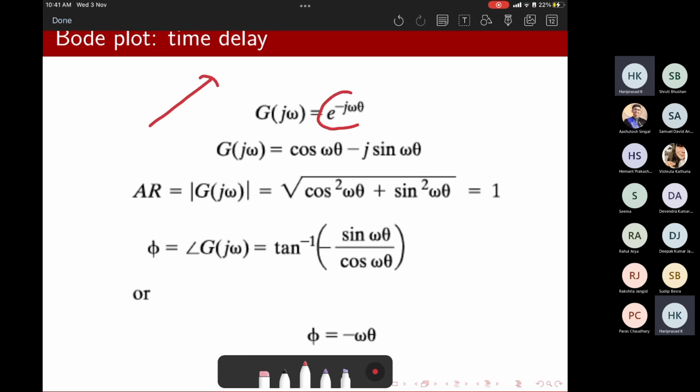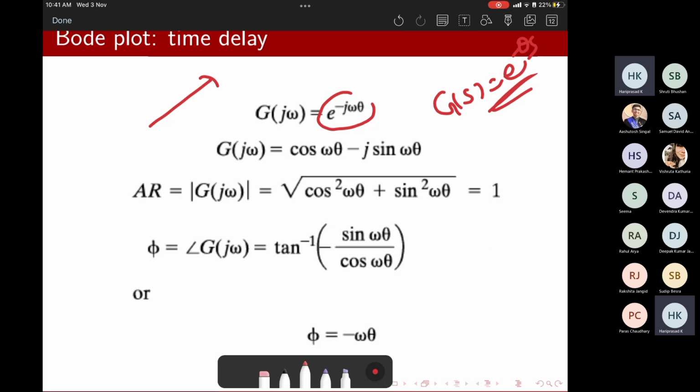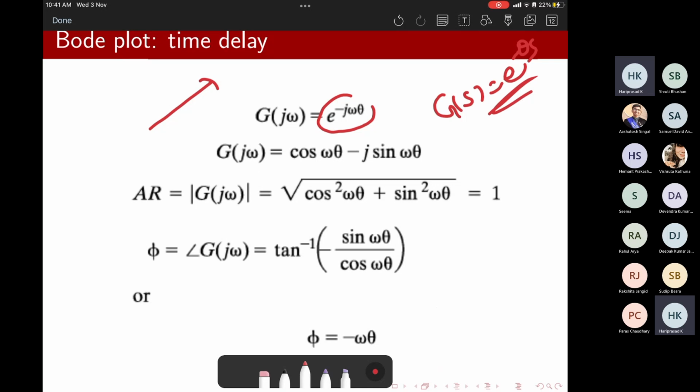For time delay, assume G of s is equal to e raised to minus theta s. Nothing very interesting, but let's see what the response of the time delay is, because s becomes j omega. So e raised to minus theta s you can write as a complex number, cos omega theta minus j sin omega theta.